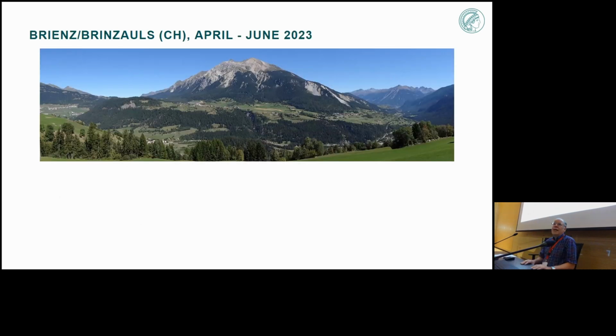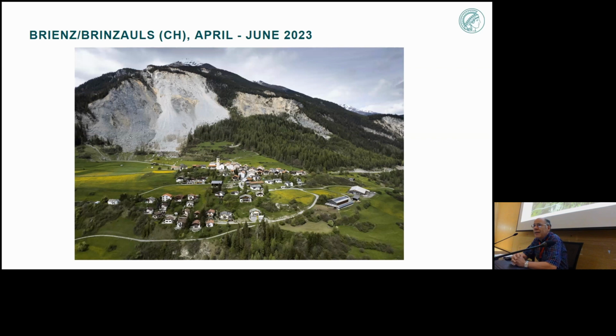I'm showing you an image which is only a couple of days old of this lovely place in the middle of Switzerland, a huge landslide which is taking place and which has been monitored with all the technological possibilities which we have at hand.